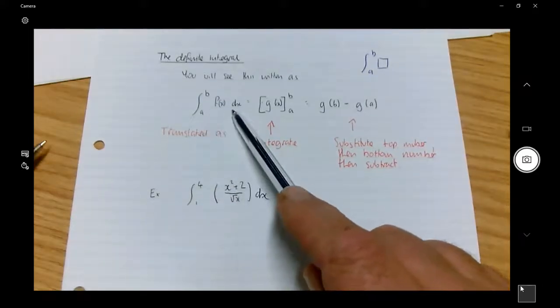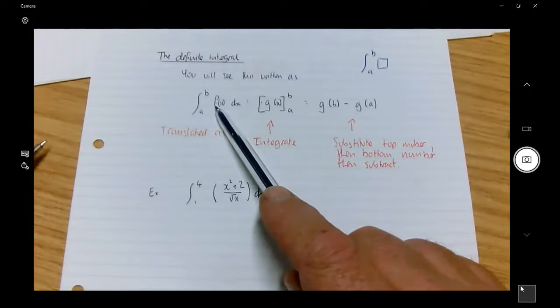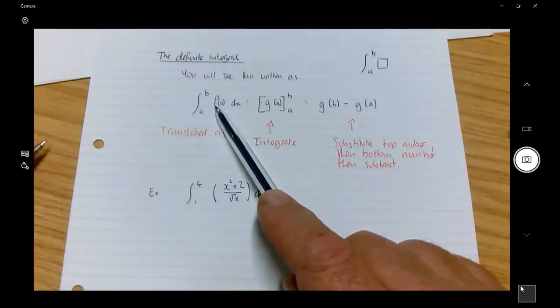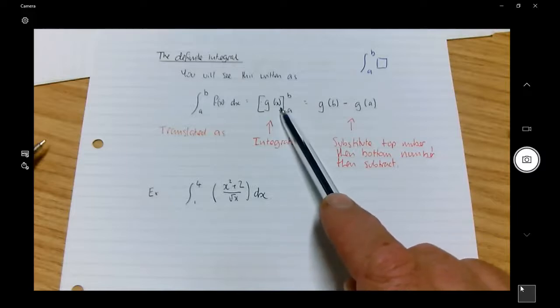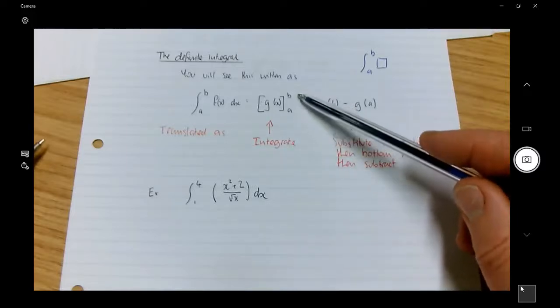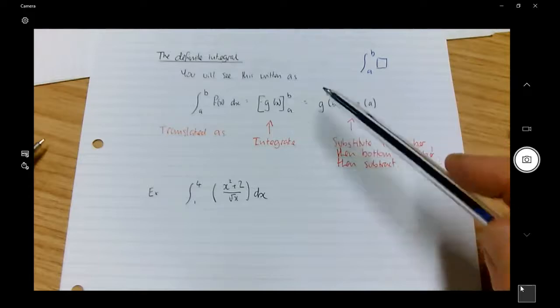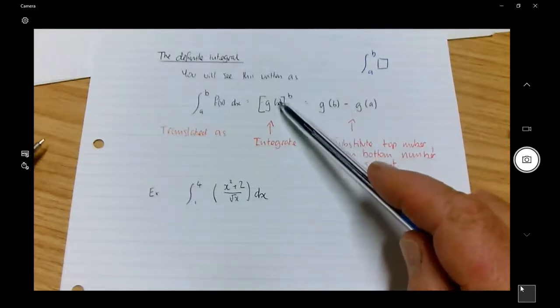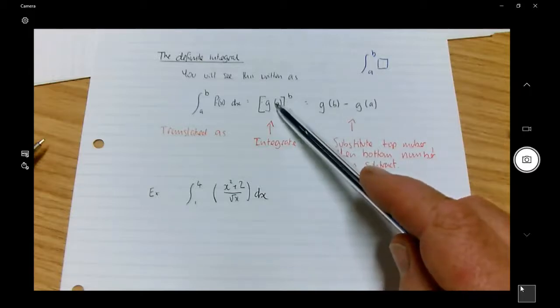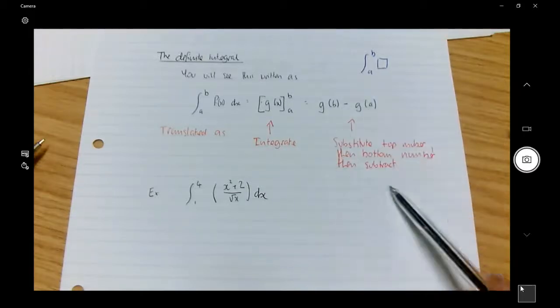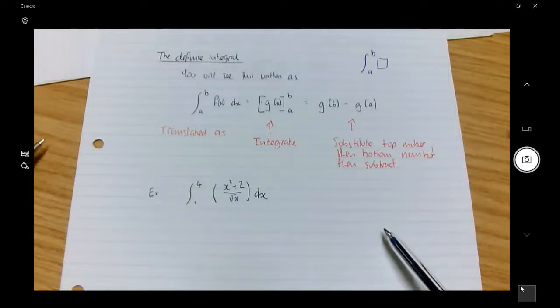There's the question. When you integrate f of x, it becomes something else, so we call it a different letter, g of x. And the two limits say all you've got to do is put the b value into the function minus the a value into the function, and then you'll get a numerical answer.